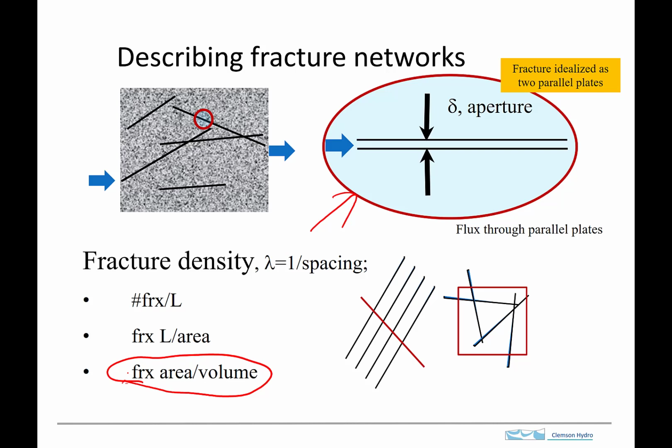So if the fracture is a break, and we've got two surfaces that are created that are in contact, we take that surface area and divide it by the volume. And so that's a good way to think about it, but that would be a hard way to actually measure because you would have to be able to image this fractured surface in a three-dimensional volume.